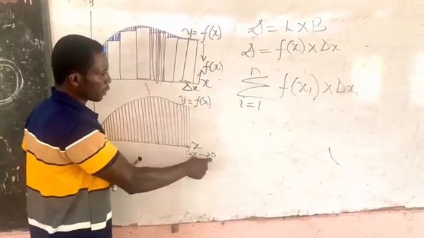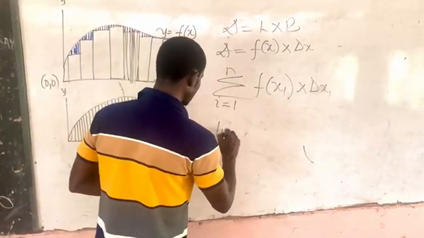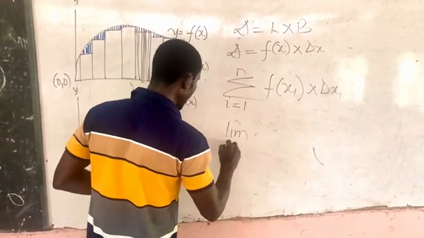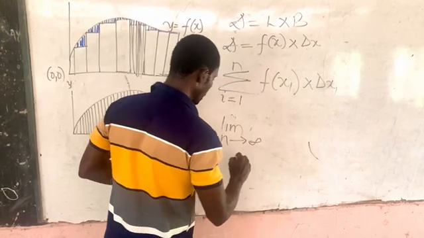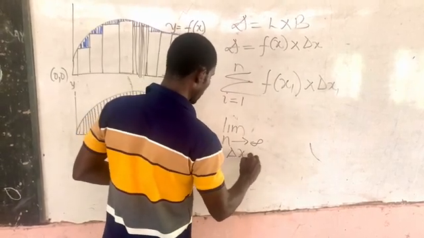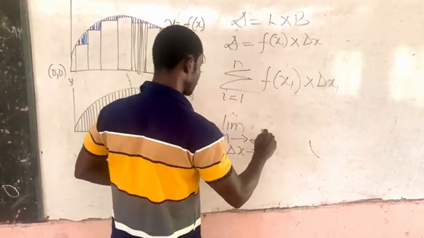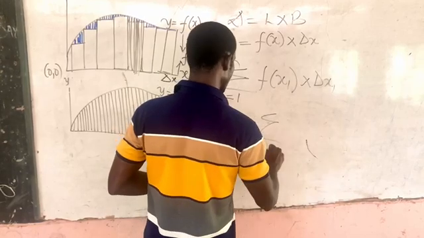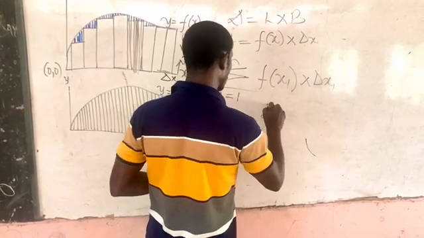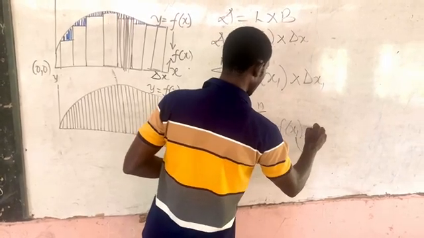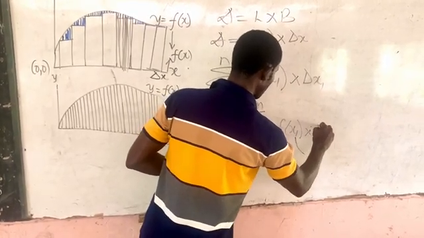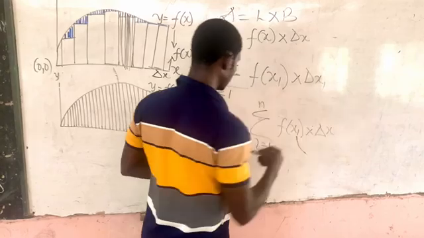It is approaching 0. So the limit, as n approaches infinity, delta x approaches 0. Summation i equal to 1 up to n of f of x i times delta x.